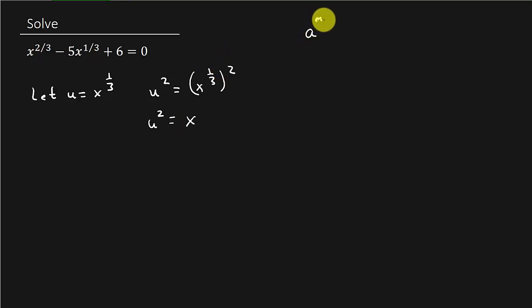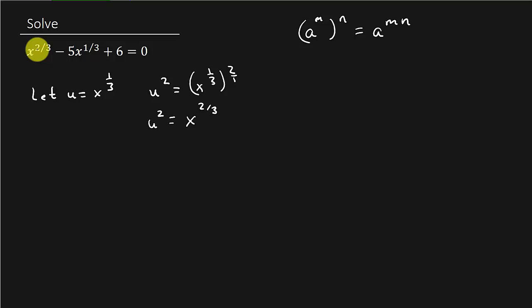Well, remember, we have a property that says a raised to the m raised to the n is a to the m times n. We multiply them. So if we multiply that, remember that's 2 over 1. So that's going to be x to the 2/3. And you can see when we take the middle term, which is the x to the 1/3, and we square it, we get the first term.